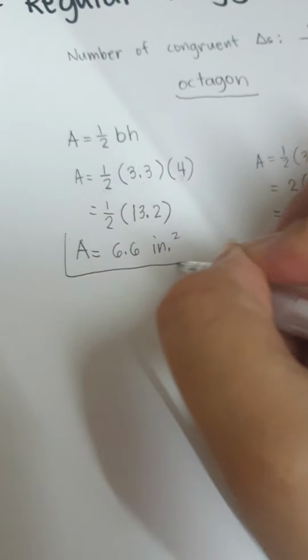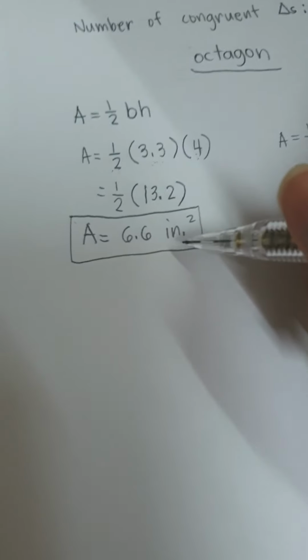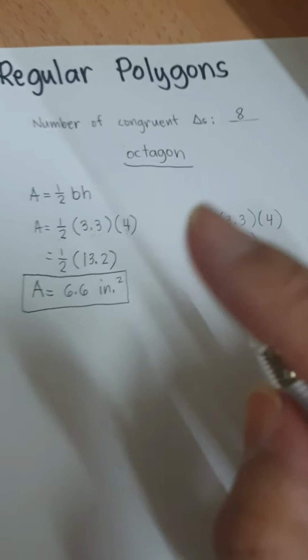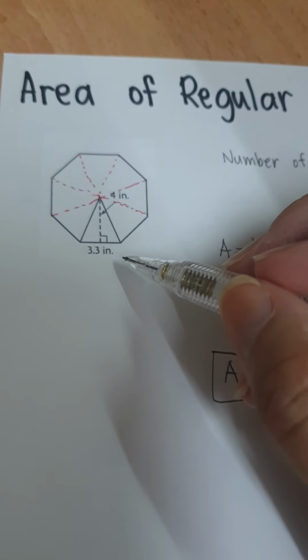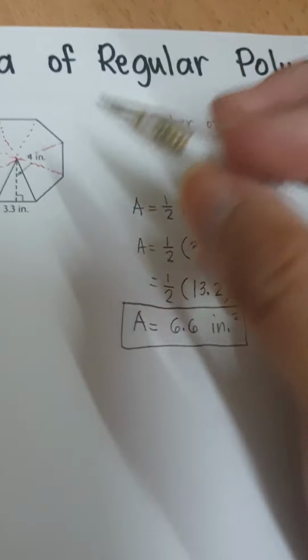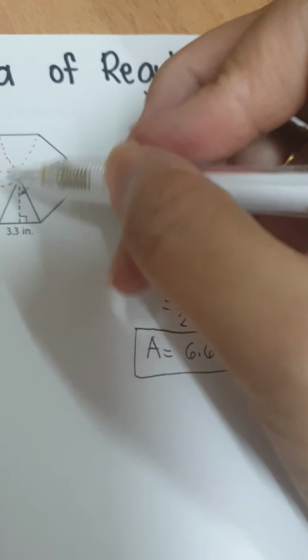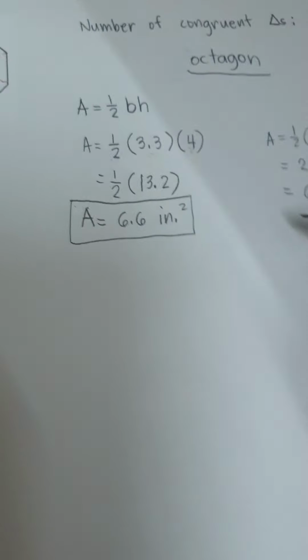Now, going back, this is the area of just one triangle. And we know that in our regular polygon here, we have 8 triangles. So you just have to multiply the area of one triangle by the number of triangles given in your polygon.